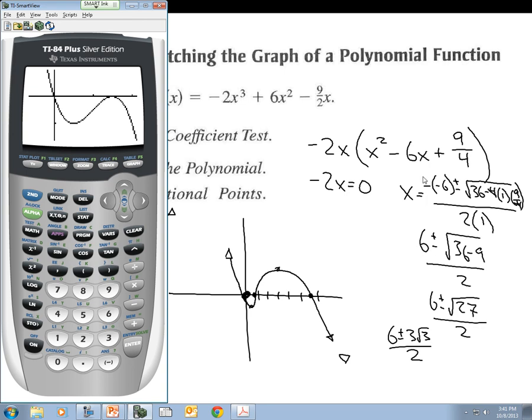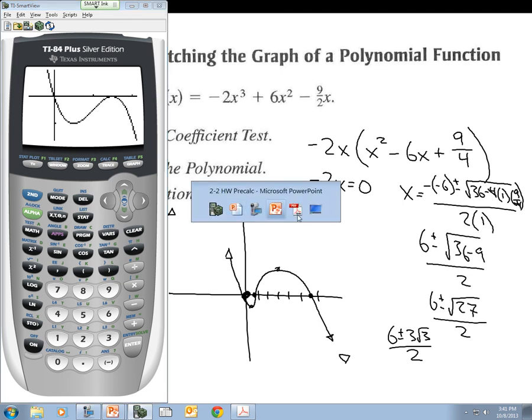Let's check and see what we've got here. B plus or minus square root of b squared minus 4ac. Not seeing it. Let's go to the old textbook. See where I made a mistake.